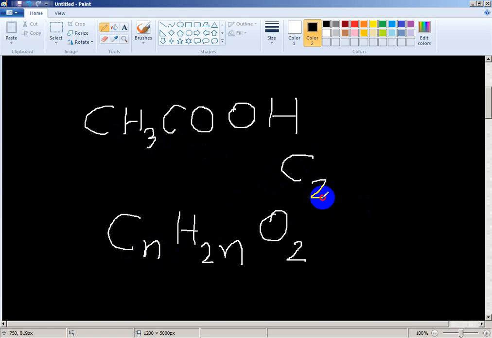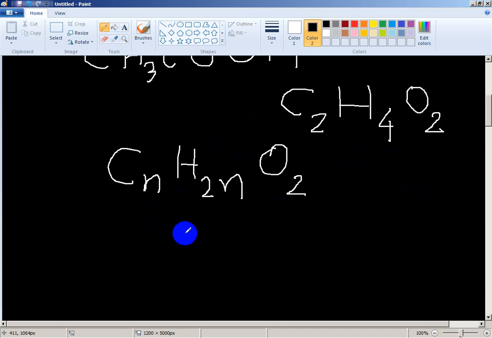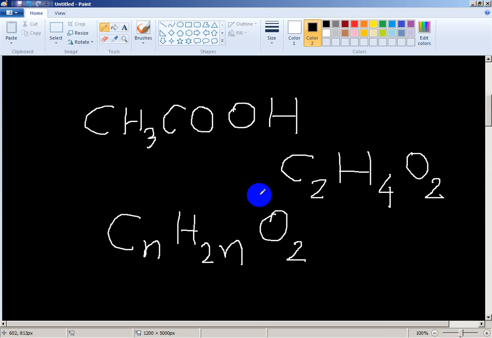How many hydrogens in ethanoic acid? 3 and 1, 4. And how many oxygens? 1 and 1, 2. Okay, ethanoic acid. So the general formula will be CnH2nO2. This is the general formula of carboxylic acid.